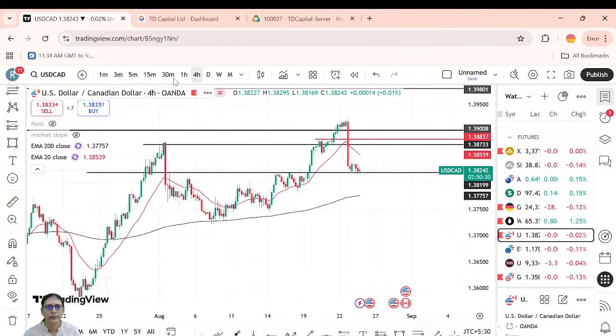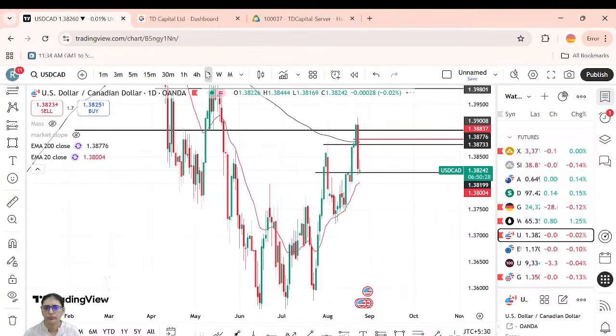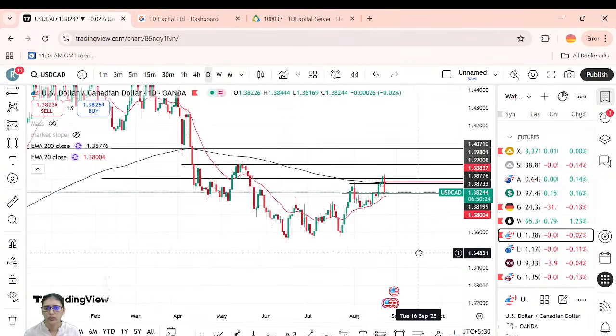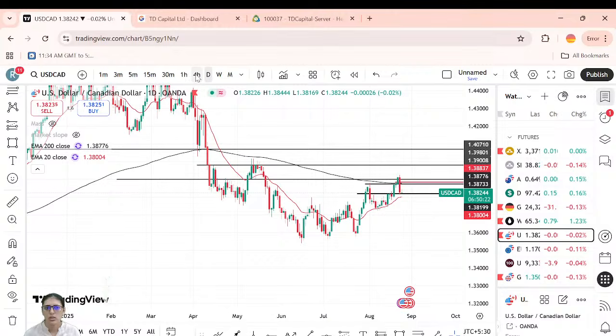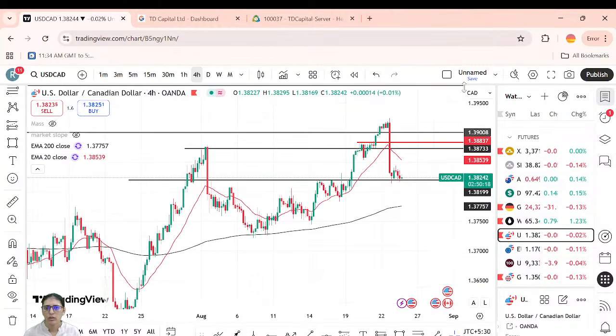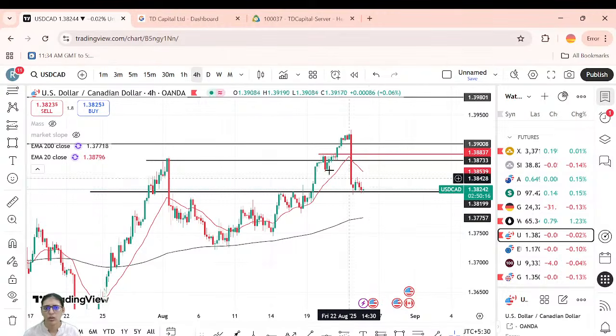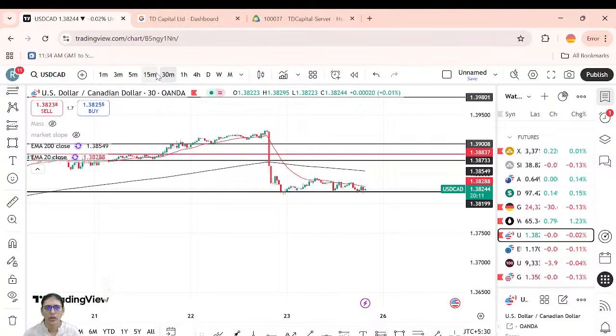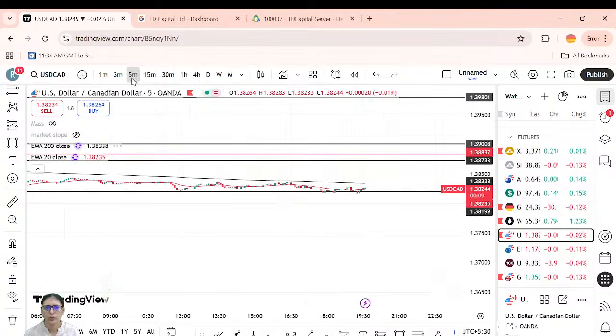USD CAD, 1 second. USD CAD could be sold if there's a breakdown of this zone, right? Just let me check all the time frames for you. What's happening?